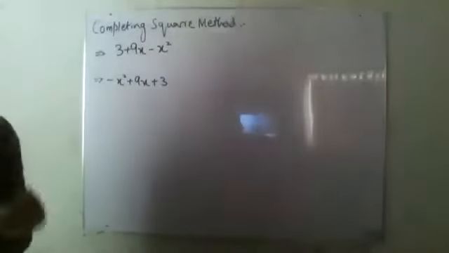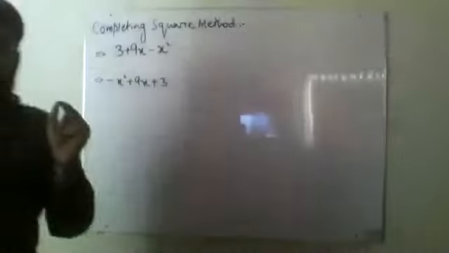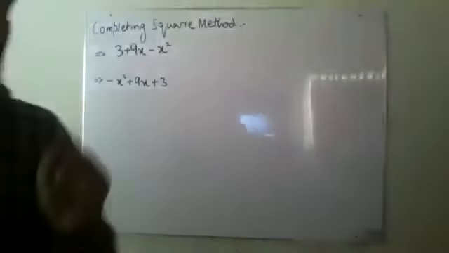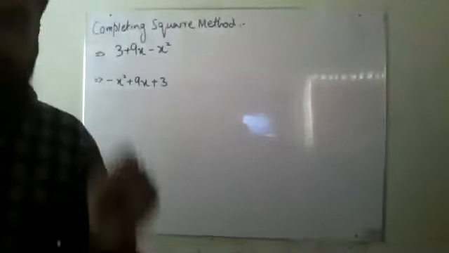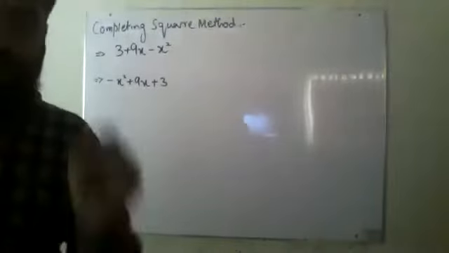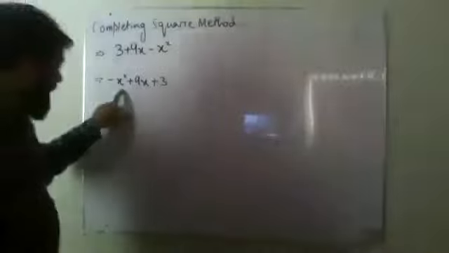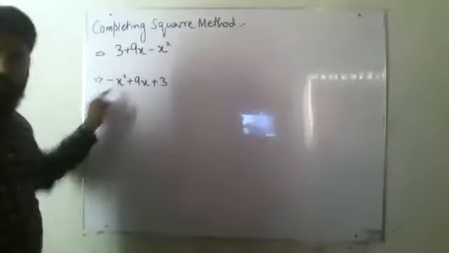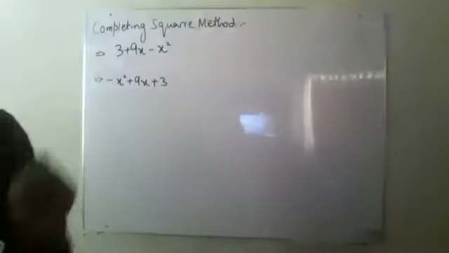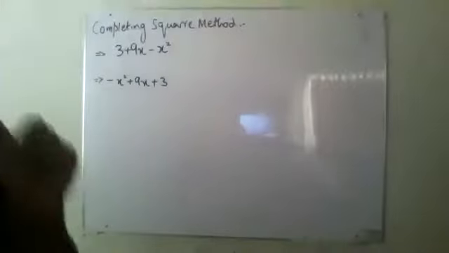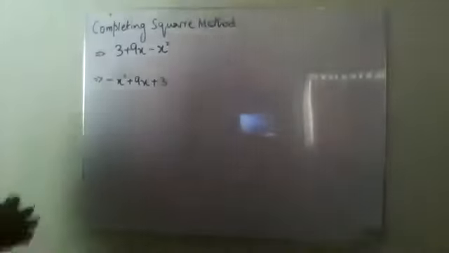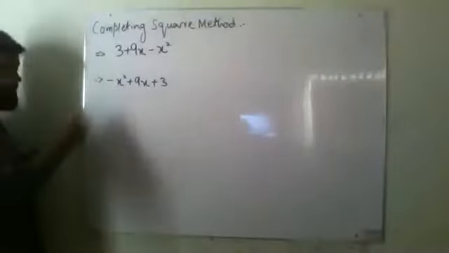First thing we have to take care of is that my x square term should have a positive 1 coefficient. Okay, so there is a minus 1. So what will I do?